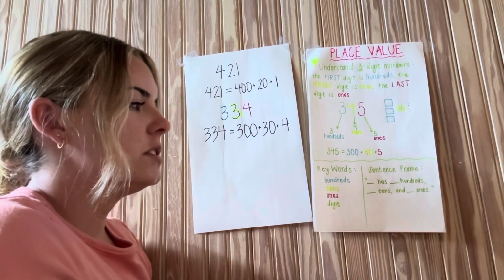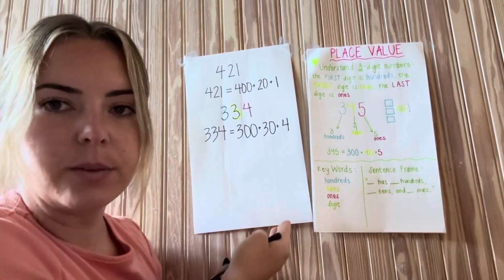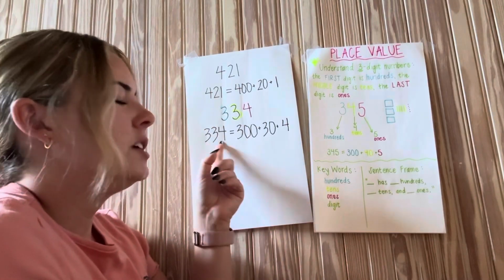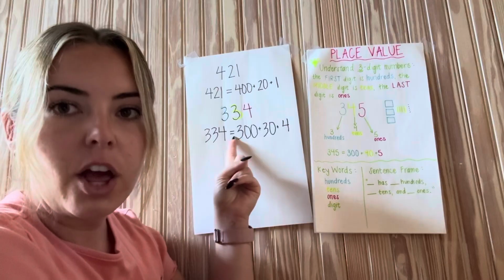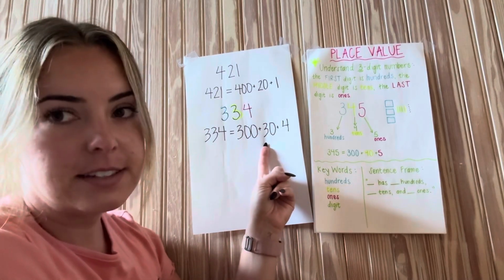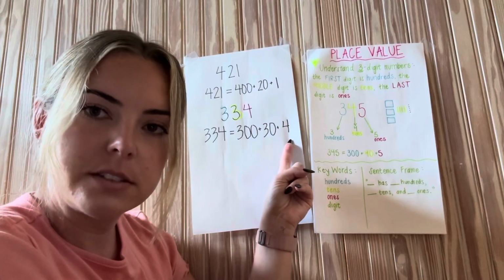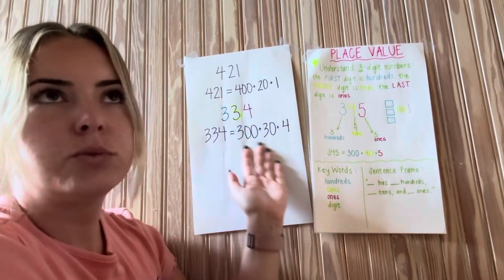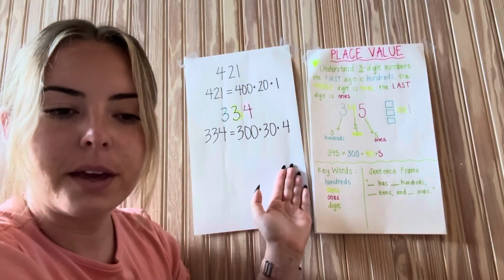So using our sentence frame, we can also break this down, okay? So say it with me. 334 has 3 hundreds, 3 tens, and 4 ones. So this is how we break down the numbers in an abstract equation way, okay?